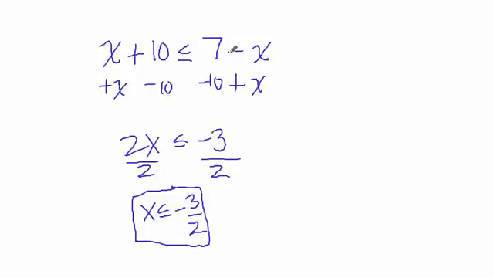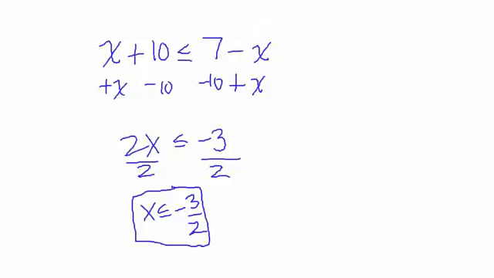You can replace x with any number that's less than or equal to -3/2. And you saw that I was able to solve this inequality just as if it was an equation. There is one twist. There is one situation where it's not the same as solving an equation.